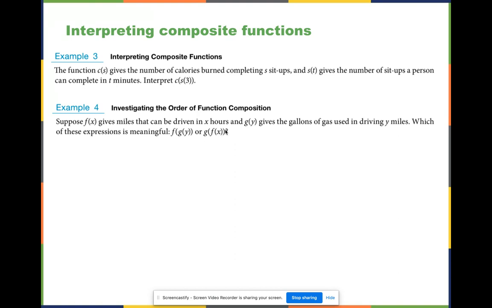So if you tell me the number of hours, then we'll know how many miles, and we'll use that to know the number of gallons of gas. Combined, you tell me the number of hours you're going to be driving, and the output of this whole thing will be the number of gallons of gas that you'll use.